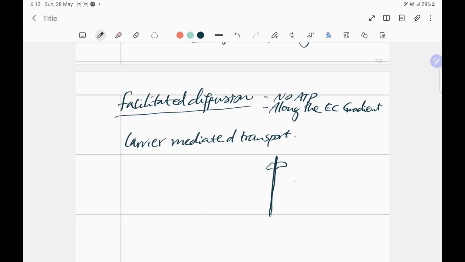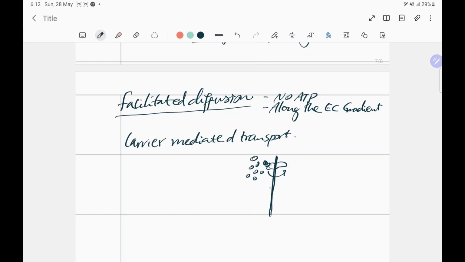This molecule is a carrier. What it does is it binds to a certain molecule. There's a special location on it for this molecule to fit in, and because there are so many more molecules on one side, these will stick to that site, and then eventually this carrier will just flip to the other side. It does a somersault.